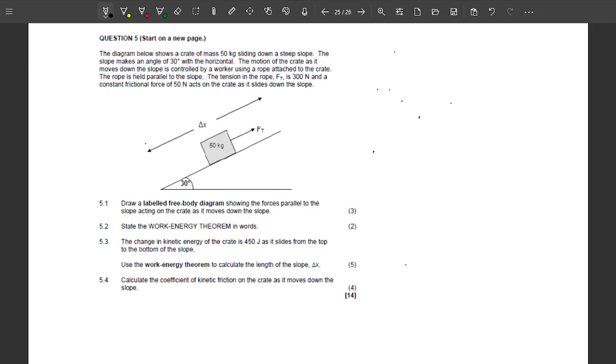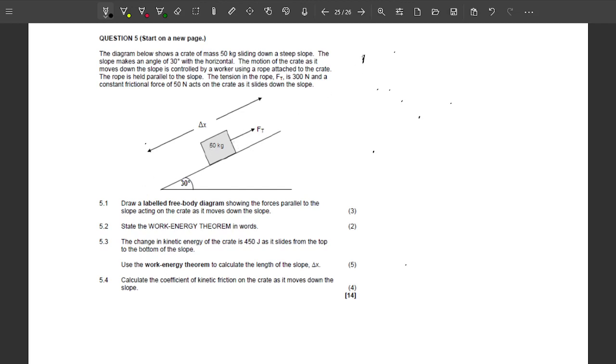The motion of the crate as it moves down the slope is controlled by the worker pulling on the rope, and the frictional force is there as it slides down. The object is sliding down the slope, so we have F_G parallel supporting the motion, and friction going in the other direction.